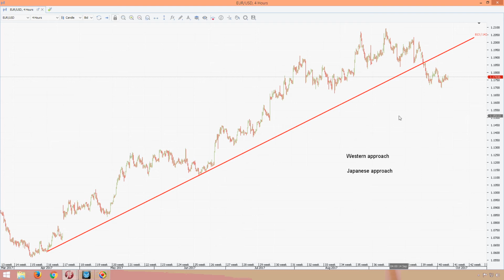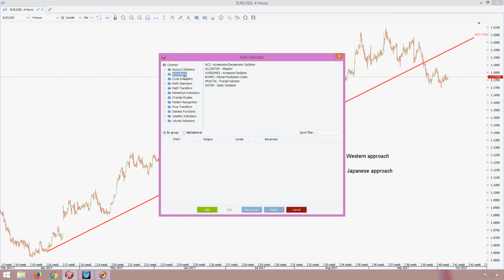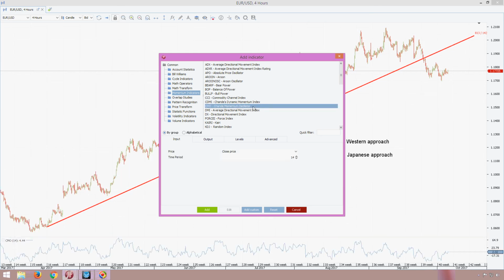There are not only trend lines and trading theories, but also plenty of indicators. So let me show you them here. There are Bill Williams indicators, cycle indicators, math operators, momentum indicators. These are basically the oscillators. If you choose any of the oscillators from here, it will be plotted at the bottom of the screen.